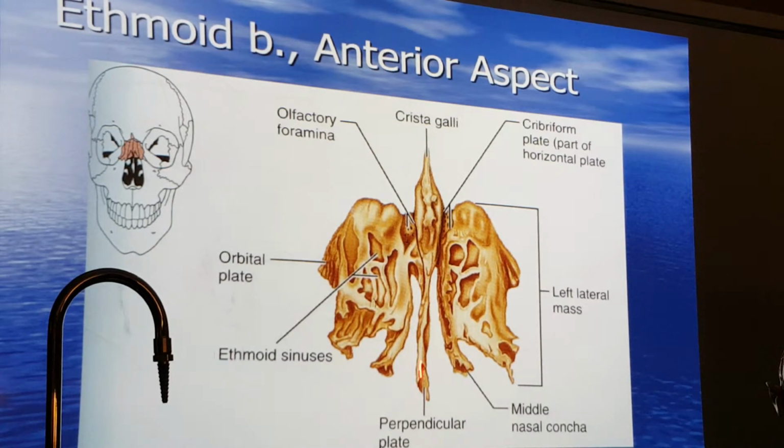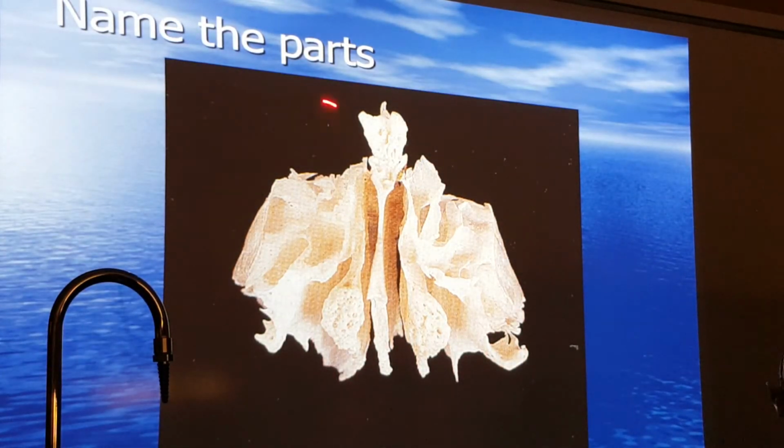They don't show it on plastic models, but you can see it on that perfect cranium that I have back in the cupboard, which I won't be using because I really just don't want to damage that. So we'll leave it in there, but feel free to open the door and look at it. And the detail inside the nasal cavity is really amazing. You won't see that anywhere. Here's the perpendicular plate of the ethmoid.